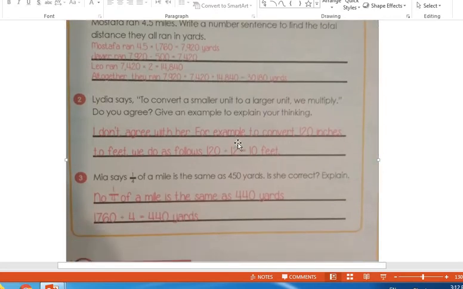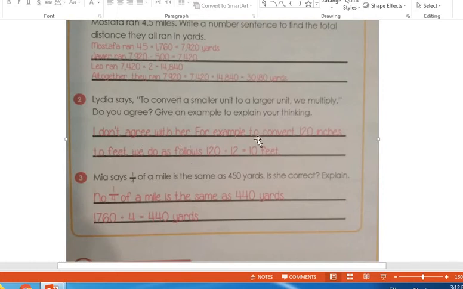Okay, now Lydia says to convert a smaller unit to a larger unit, we multiply. Do you agree with her? Of course not. Give an example. I don't agree with her at all.